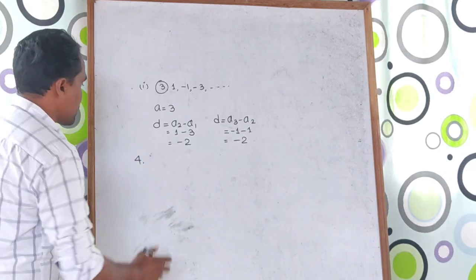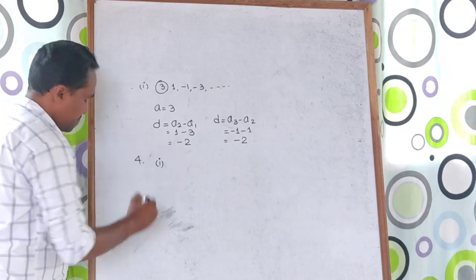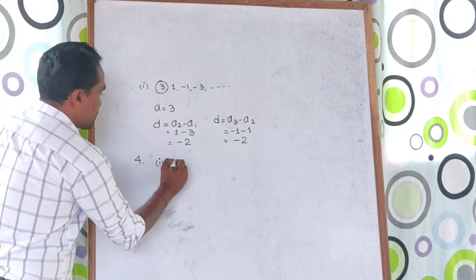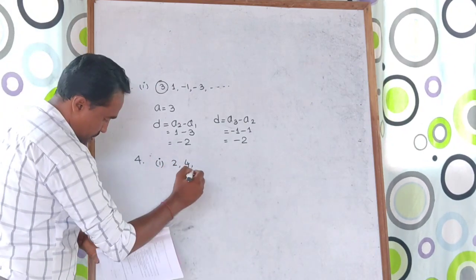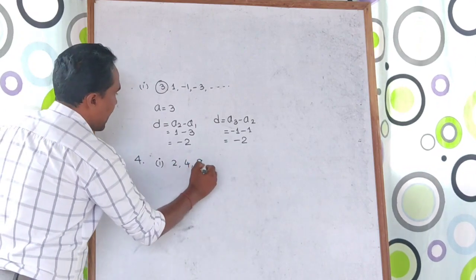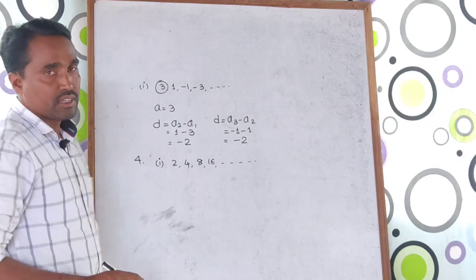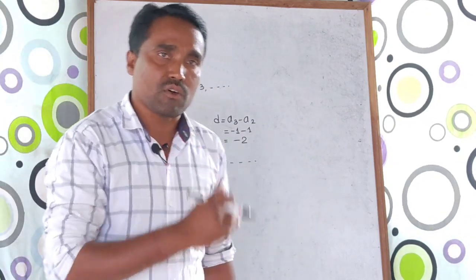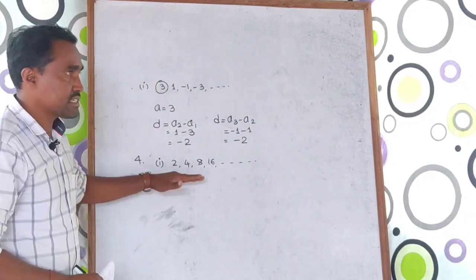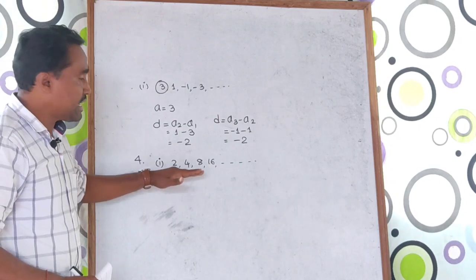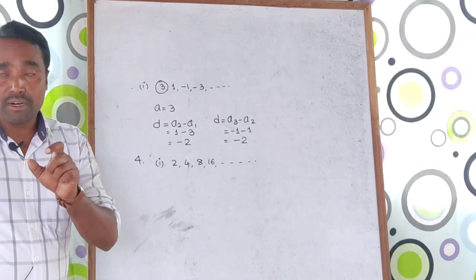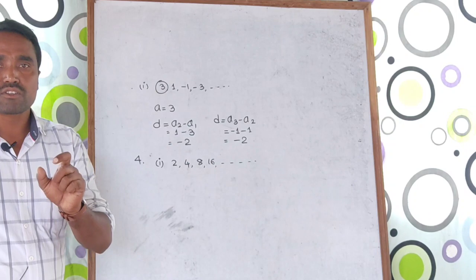We will go for one question first, number 1. Look at 2, 4, 8 and 16. First they asked whether it is an AP or not. To know whether it is an AP, if the common differences are equal, it is called an AP.